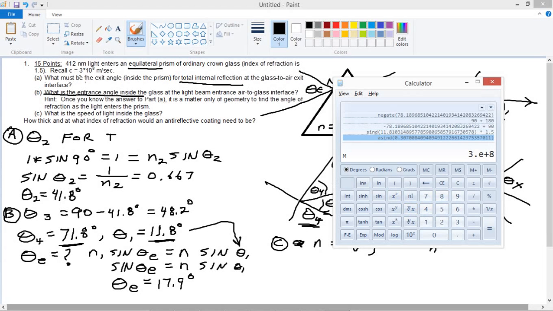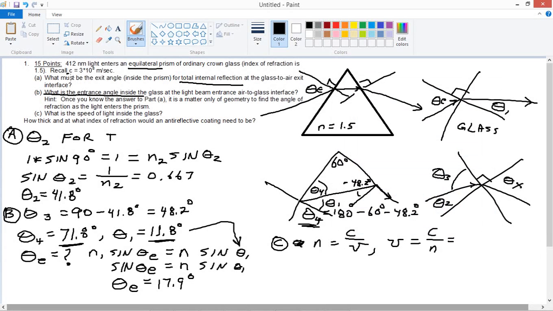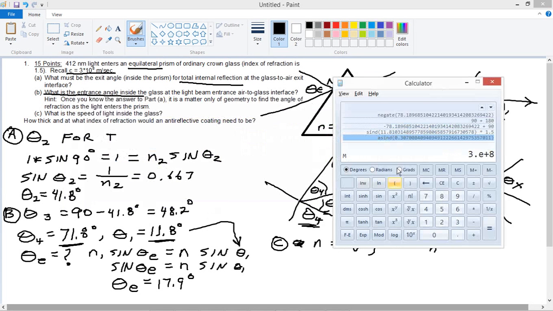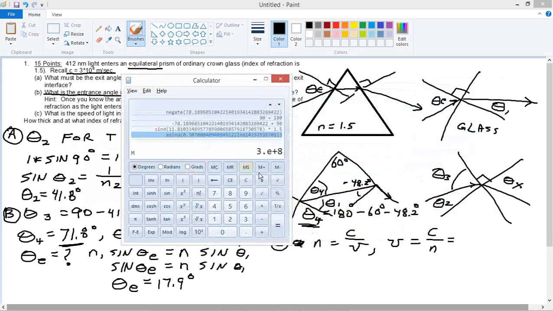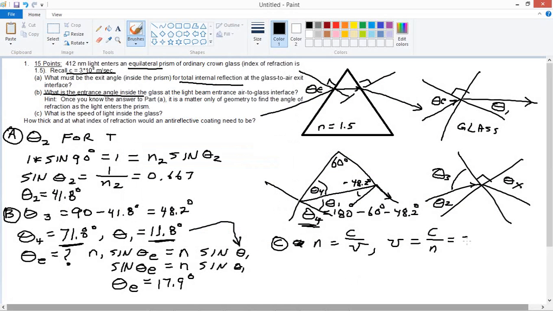It's right here up in the problem statement. And we have to divide that by the index of refraction, which is 1.5. 2 times 10 to the 8th meters per second will be the answer. And we are done with this problem.